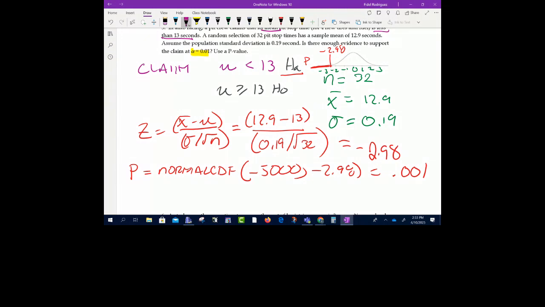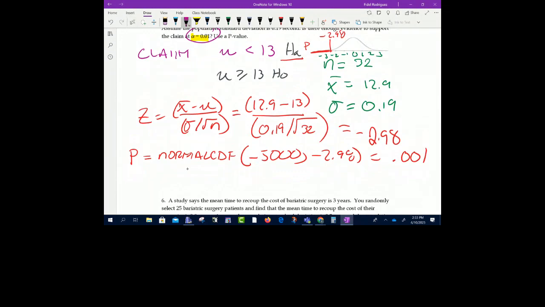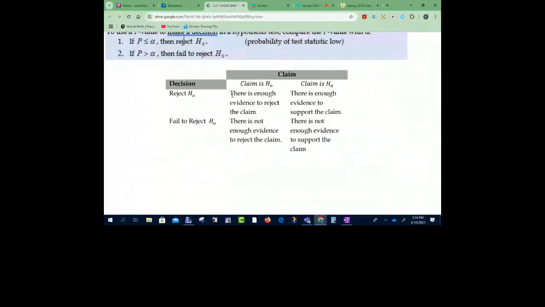Now, let's take a look at our alpha. My alpha here, y'all, is 0.01. Is P smaller than alpha? Yeah, P is smaller than alpha. When P is smaller than alpha, what did we say we were going to do? Anybody remember? We're going to reject, right?